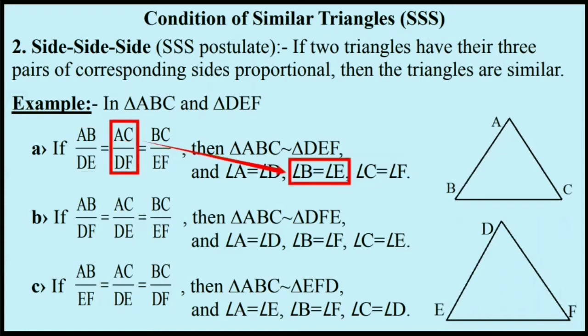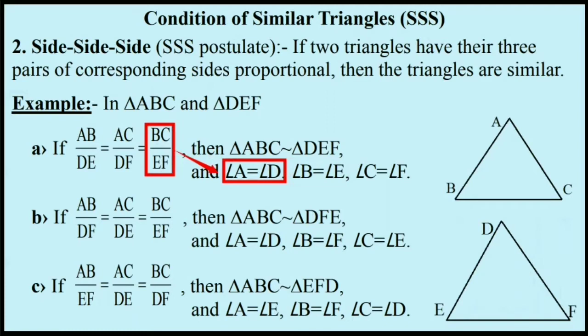Sides ratio AC by DF determines that angle B equal to angle E. Similarly, sides ratio BC by EF determines that angle A is equal to angle D, because BC has opposite angle A and EF has opposite angle D.